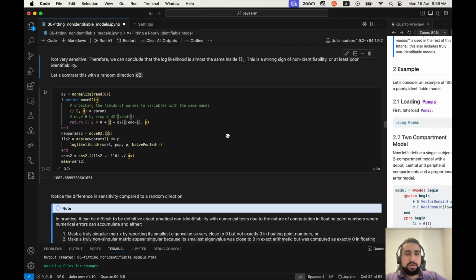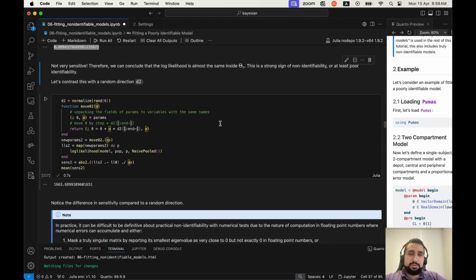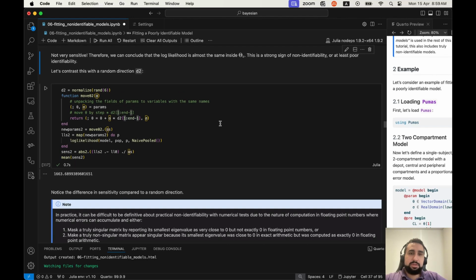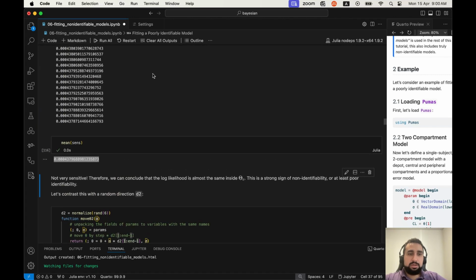Now, have we proven non-identifiability? Probably not. So in that case, it was false advertisement. But we at least showed that there seem to be some significant identifiability issues, which numerically speaking is basically equivalent to saying your model is non-identifiable, because at least in floating point terms, your model is very close to being non-identifiable.